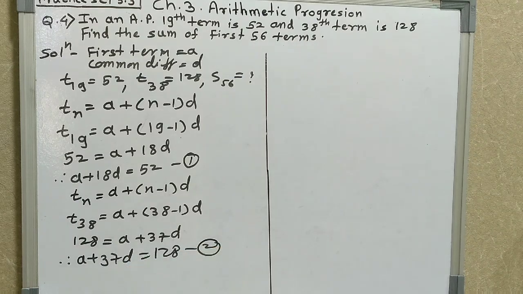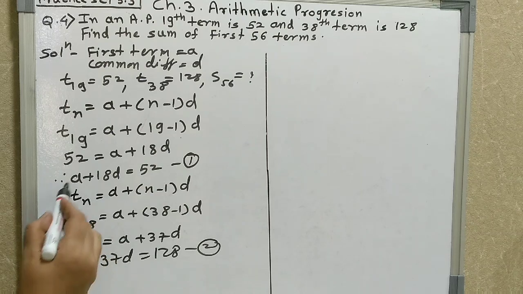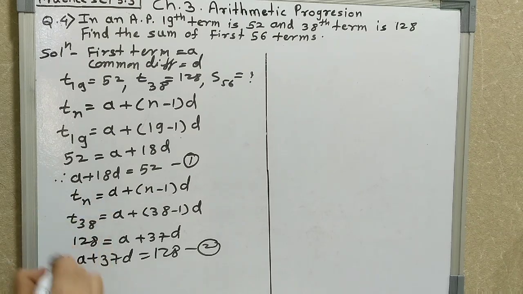This is the second equation. Now we find the values of A and D. Here A has the same coefficient but not the opposite sign, so we use subtraction of the equations.